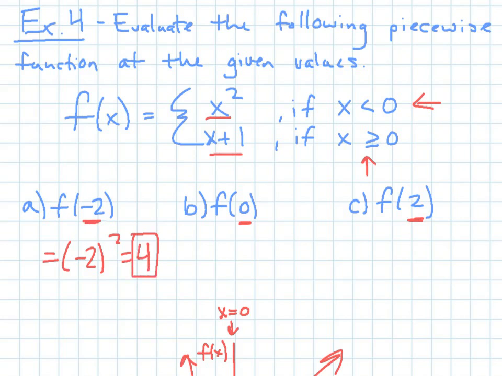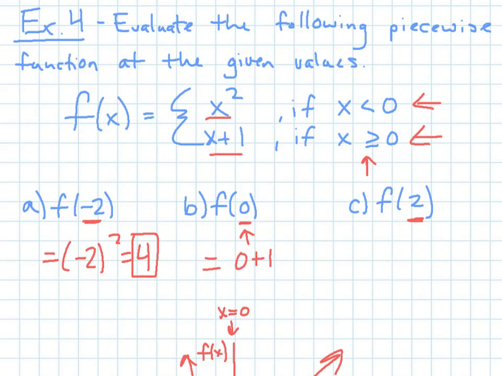Notice that this one's 0. Now this is the turning point for both, but for it to be on that line, it needs to be included, so it needs an inclusion sign. The bottom one, x plus 1, has greater than or equal to 0. So that's where we'll plug in 0, into the x plus 1 function.